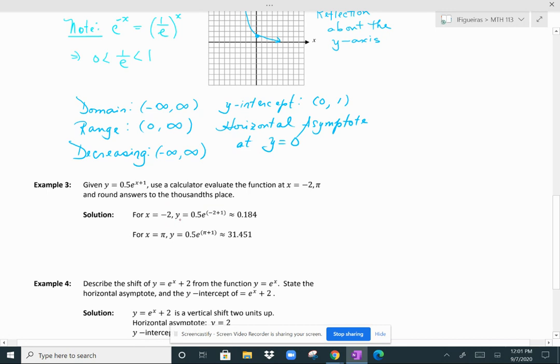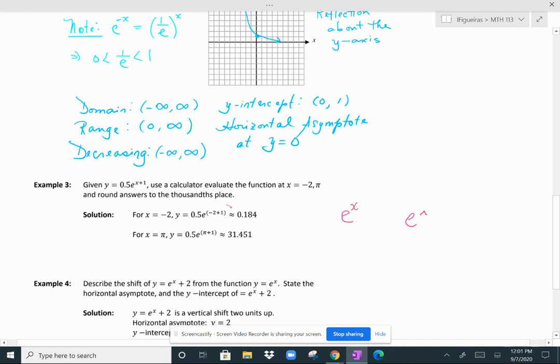So when you plug in negative 2 into a calculator, you should have an e key somewhere in your calculator. Some other calculators will actually have e to the x there, so you'll be able to input the x value. But if you just have e, you might have to hit the e and then the little caret key, which means to the, and then you can input what you're putting in.